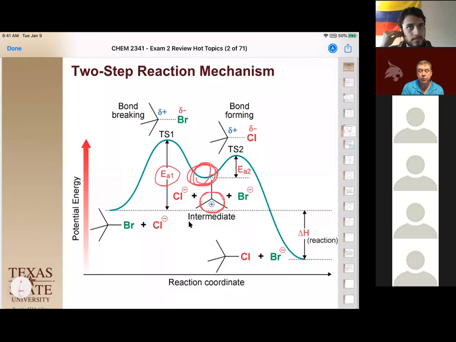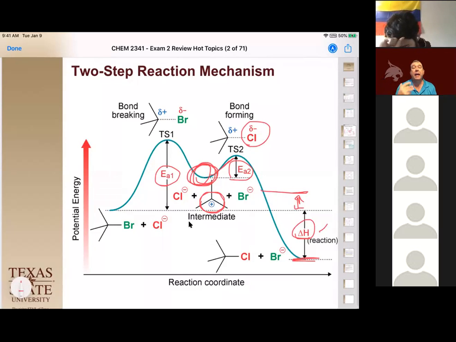And then the next thing is trying to get your nucleophile to react with that. So it still has to push against electron density. So there's still another activation energy barrier. And then of course your products. And if your products are up here, then it absorbed heat to make the product and you have an endothermic reaction. And if you're down here, you have an exothermic reaction.